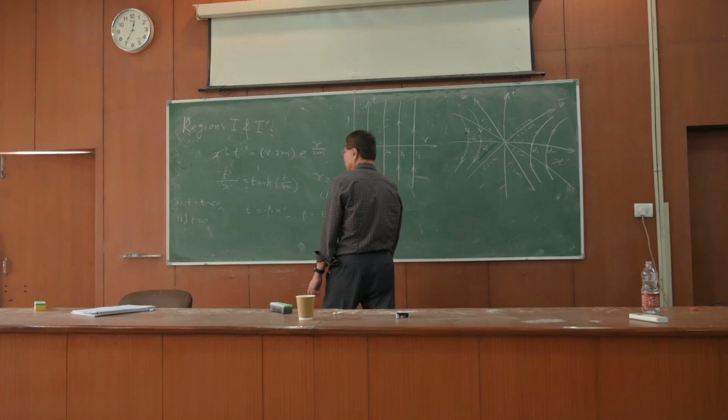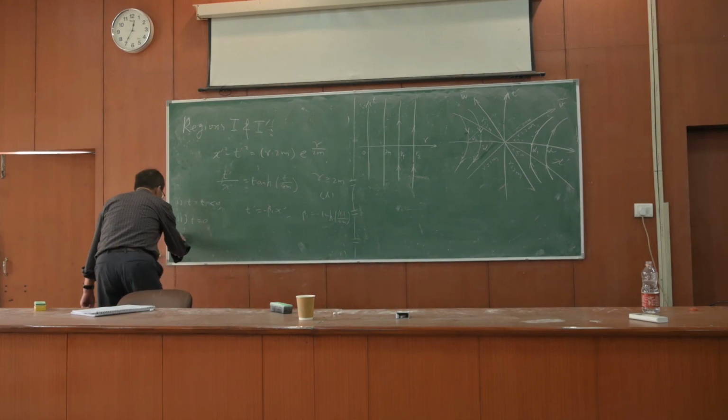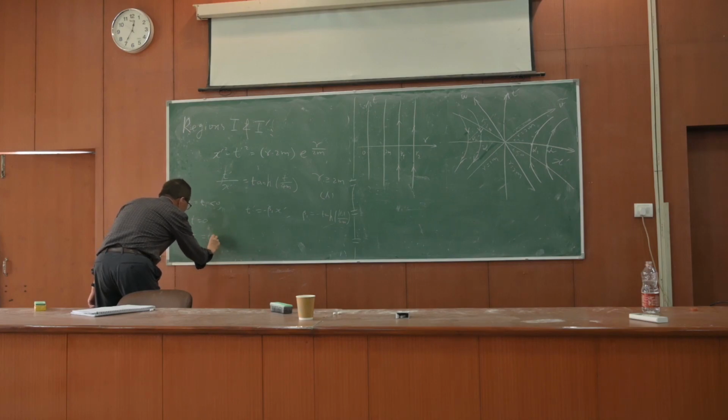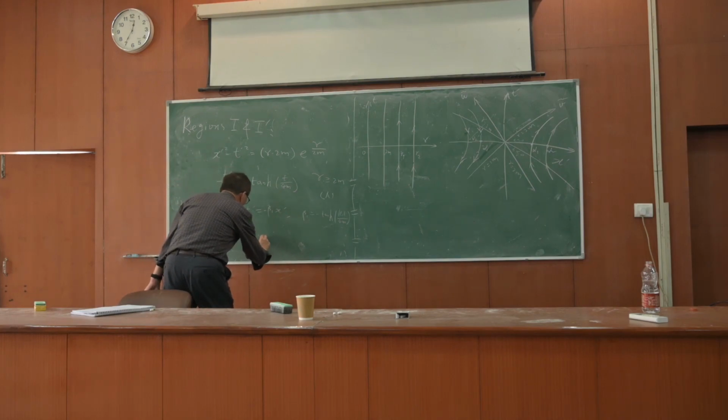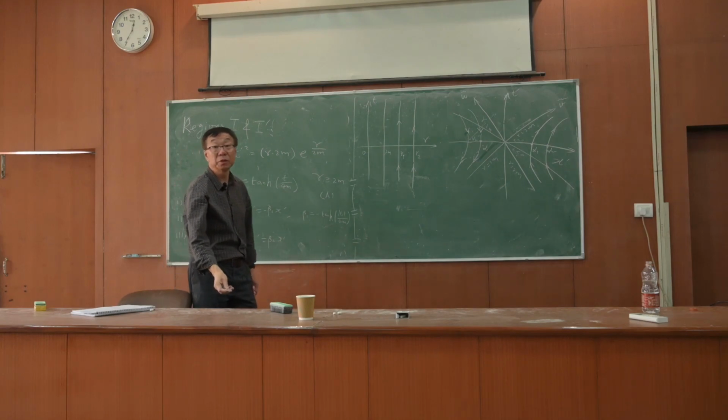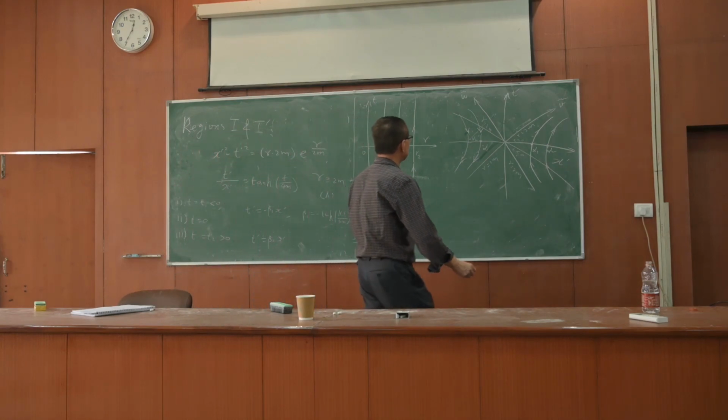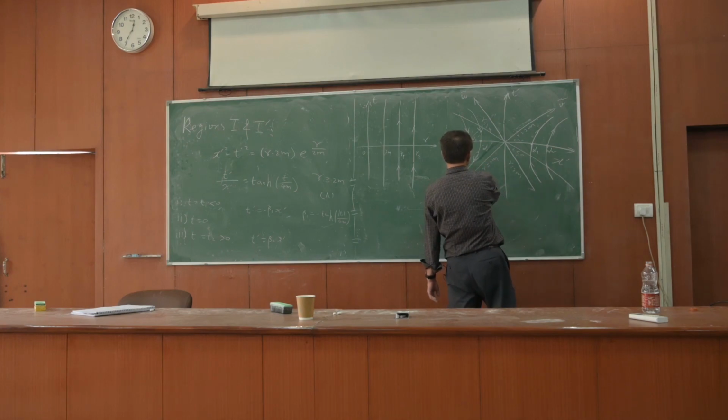So what about T equal T2? Positive, then T prime equals beta 2 x prime. Now beta 2 is positive, right? So beta 2 is positive, this will go like this.